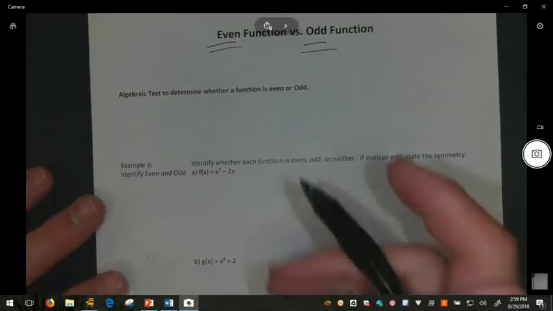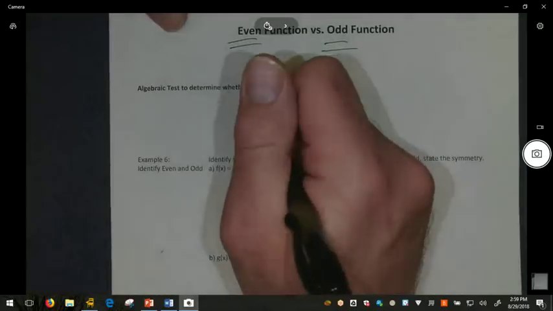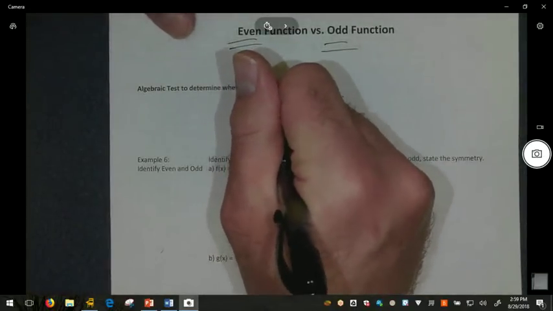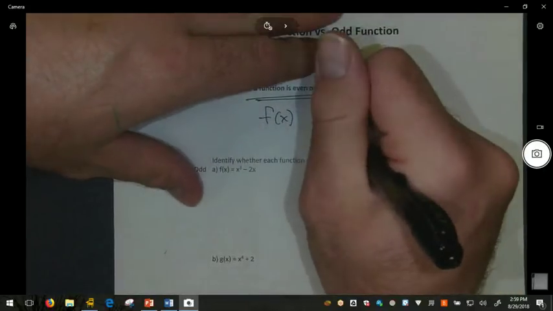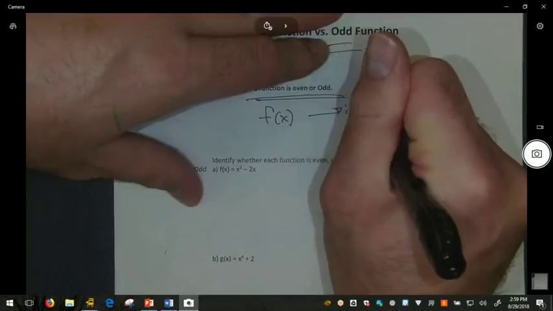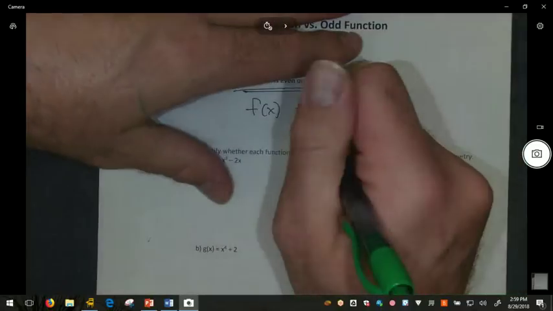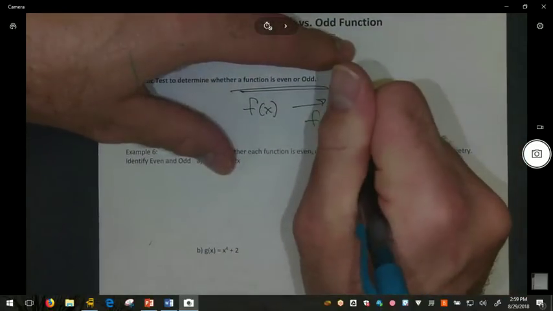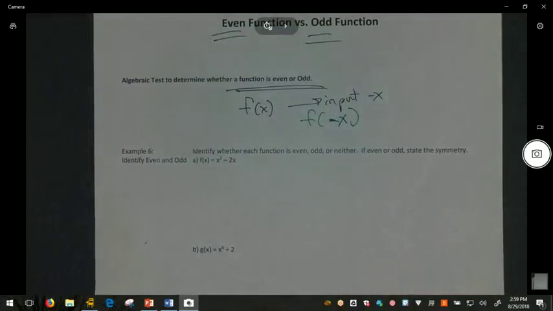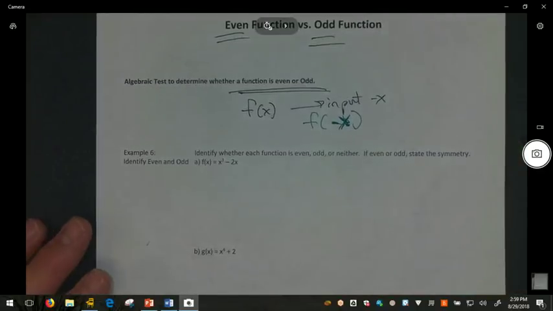The algebraic test to determine whether a function is even or odd, some of you even got to in the table. You take your function f of x, and you're going to put in the opposite of x. So basically, you're going to do f of the opposite of x. For every variable in the equation, you're going to put in the opposite value in parentheses.